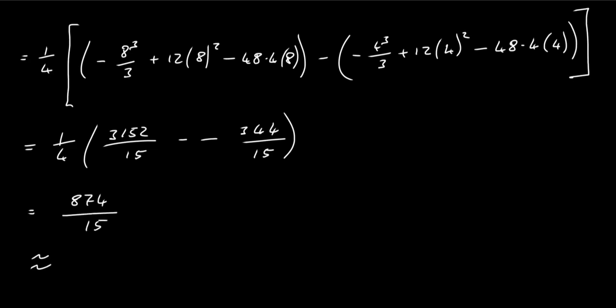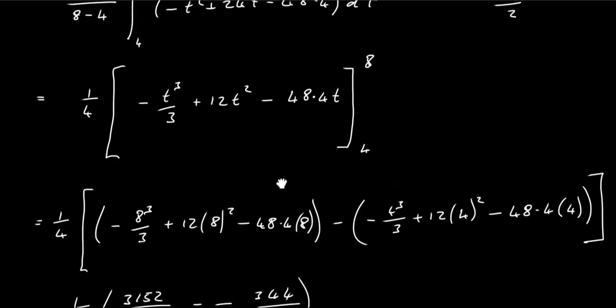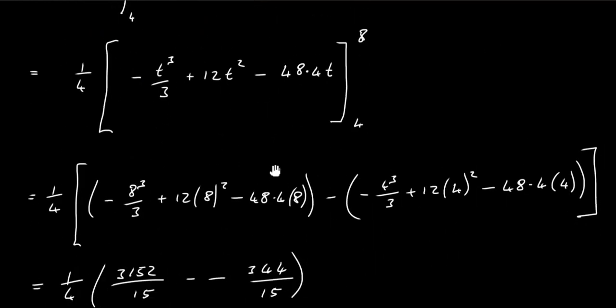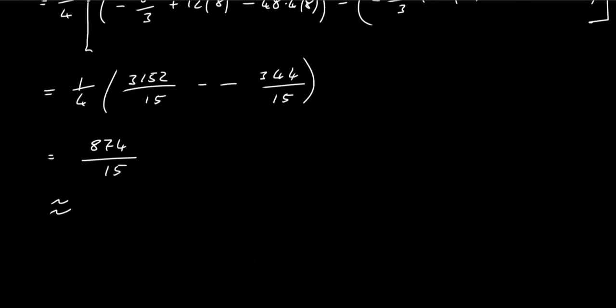Now rounding this to 1 decimal place, you get 58.3, and this is the average speed, so it's in kilometers per hour. Okay, so that's really it for this question.